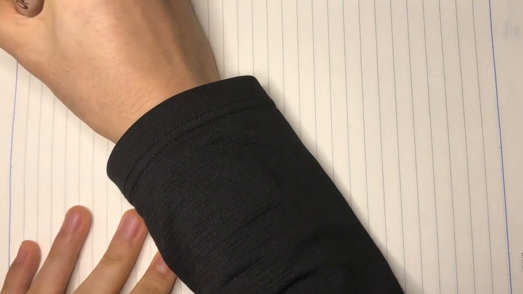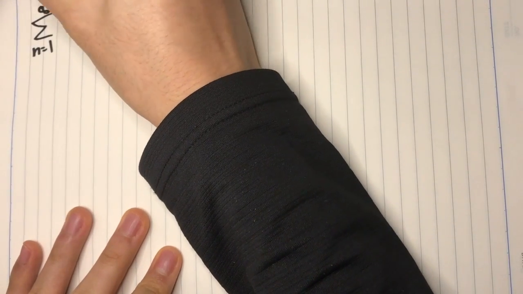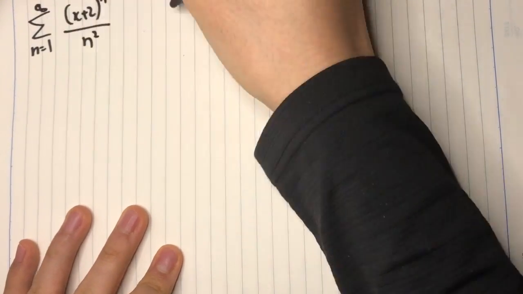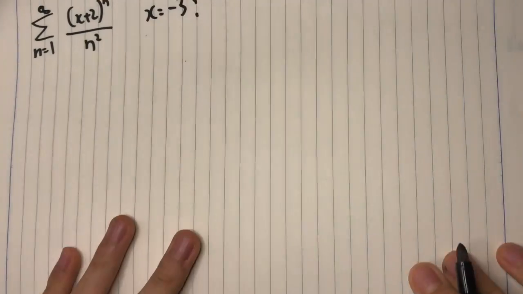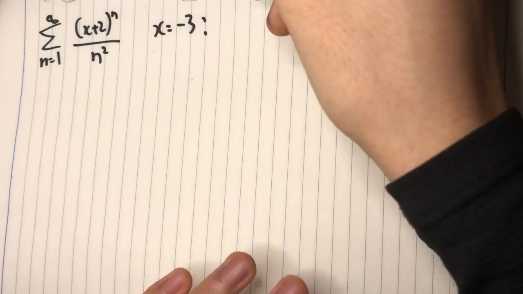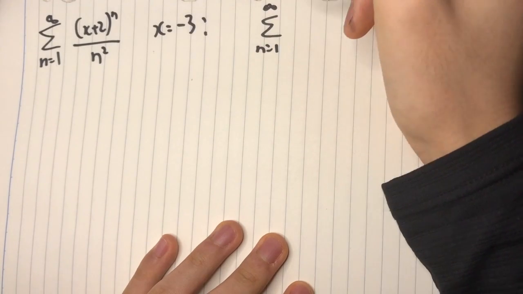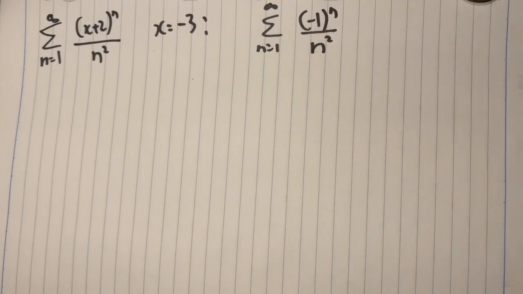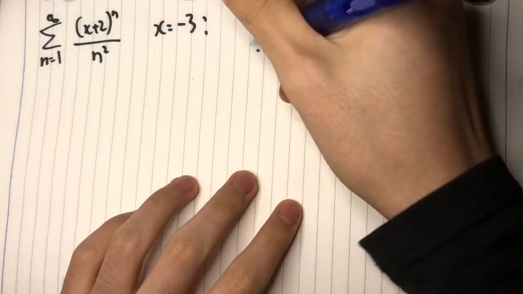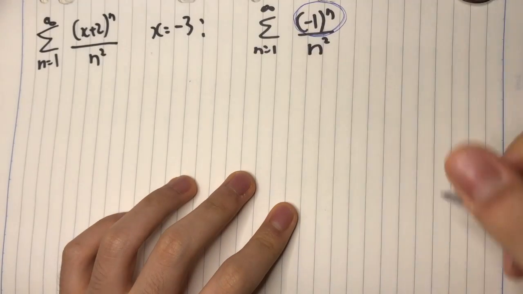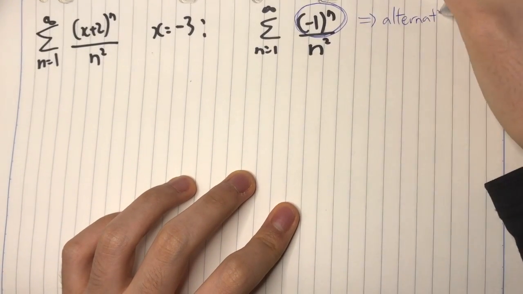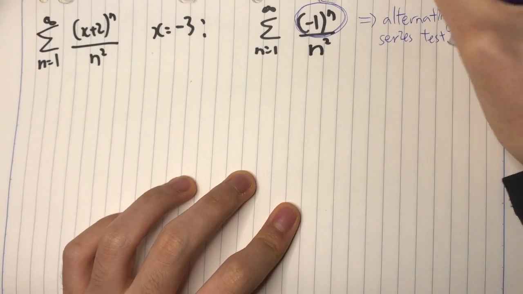Okay. So let's first test the endpoint x equals -3. This is just simplifying the equation. As you can see, it's an alternating series, and we're going to use the alternating series test.